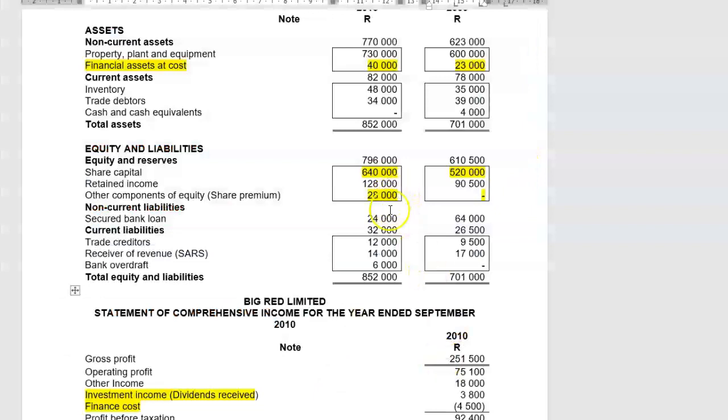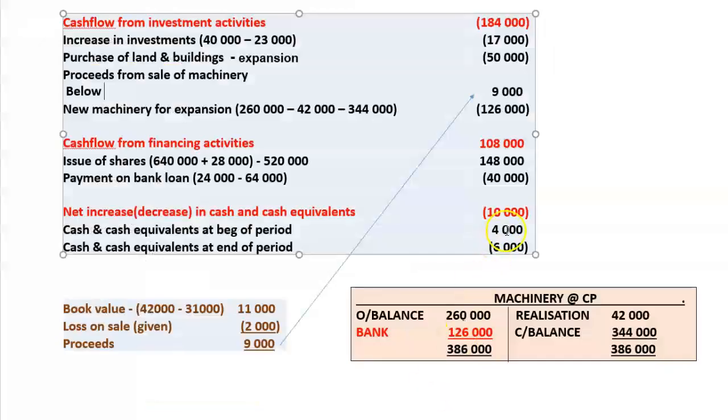Our bank loan we've seen has actually reduced from 64,000 to 24,000. So there was a reduction in the loan, so we have repaid some of our loans, which is 40,000. Cash flow from financing activities then, 108,000 cash inflow.